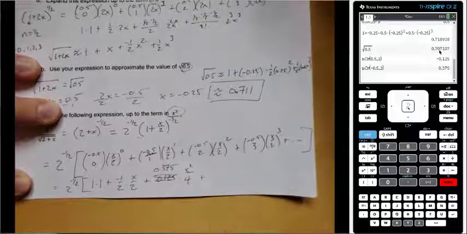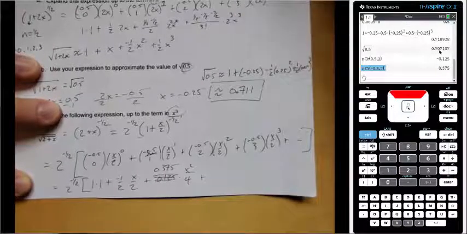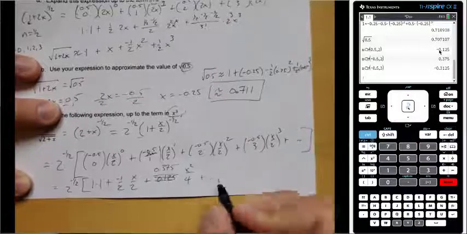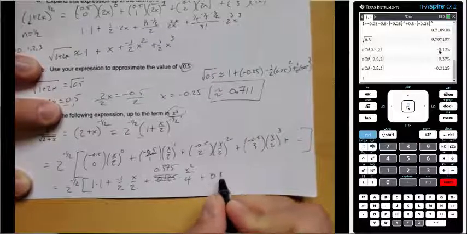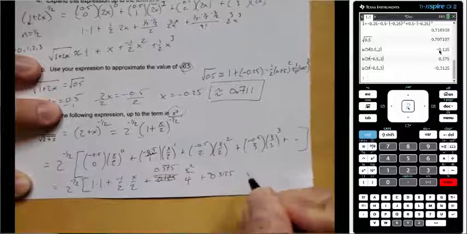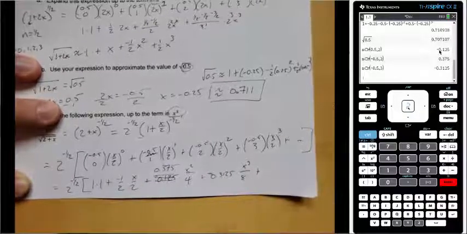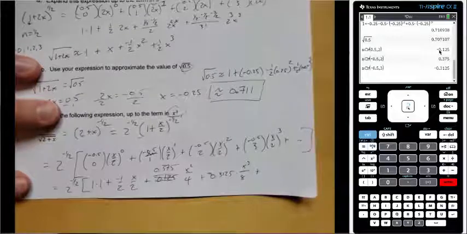Plus negative half choose 3, which is negative 0.3125 times x cubed over 8. And so on.